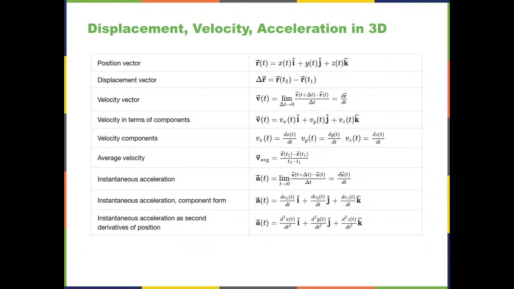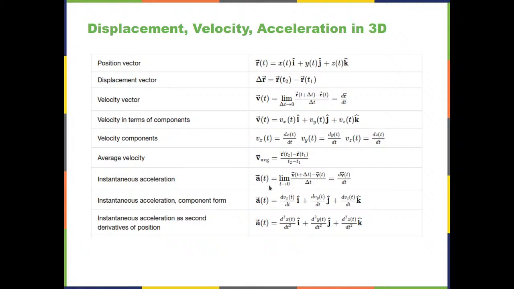Now, the same thing is true, of course, for the acceleration. So for acceleration, this will be the limit of the velocity at time t plus delta t minus the velocity at time t, over delta t. So that's the derivative of v, of the velocity vector, with respect to time. And again, the acceleration will have an x component, a y component, and a z component. And each of those components individually will be the derivatives of the corresponding velocity components, vx, vy, and vz.